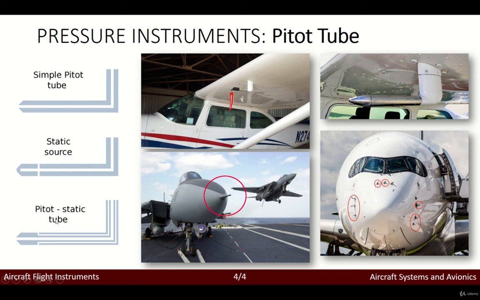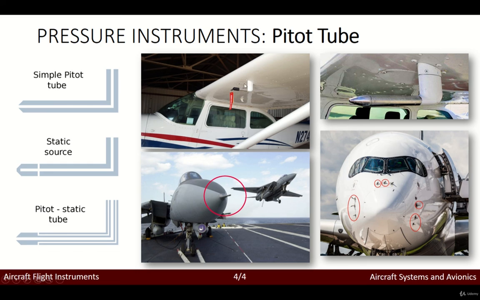And the main case that is actually used is the Pitot static tube, which is basically the combination of both, right? So making a couple of holes like this to get the static pressure, and also having a hole over here to get the dynamic pressure. And then by comparing one to the other, we can get the velocity of the aircraft, for instance.